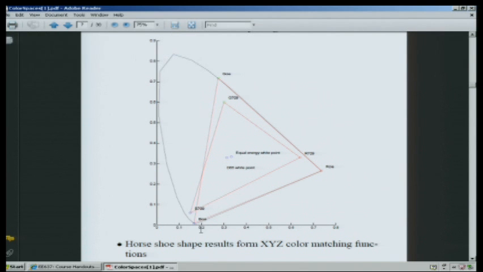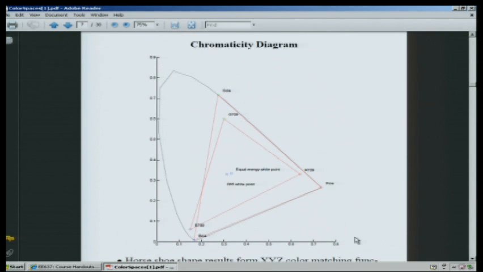Okay, so this space here going from 0 to 1. Here it ends at 0.8, but we could conceptually extend it to 1. Okay, and from 0 to 1 here. And then the relevant part is the part that falls inside of a triangle. And this is the space of colors.